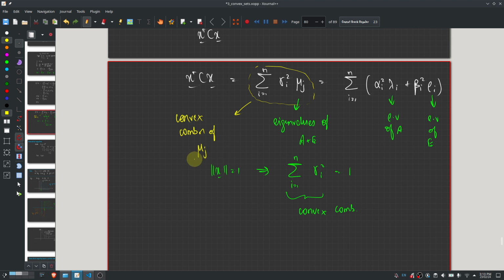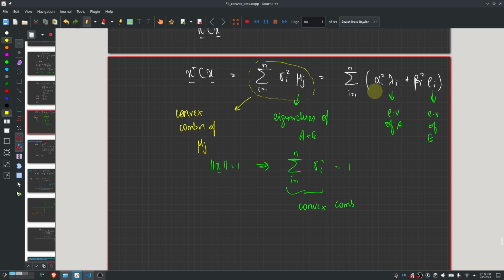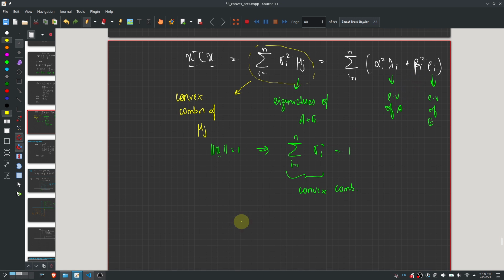Okay. And what can I say about how large or small this can be? These are also convex combinations of lambda i's and rho i's. So now what can I say about mu min with respect to lambda min, rho min, or lambda max, rho max?